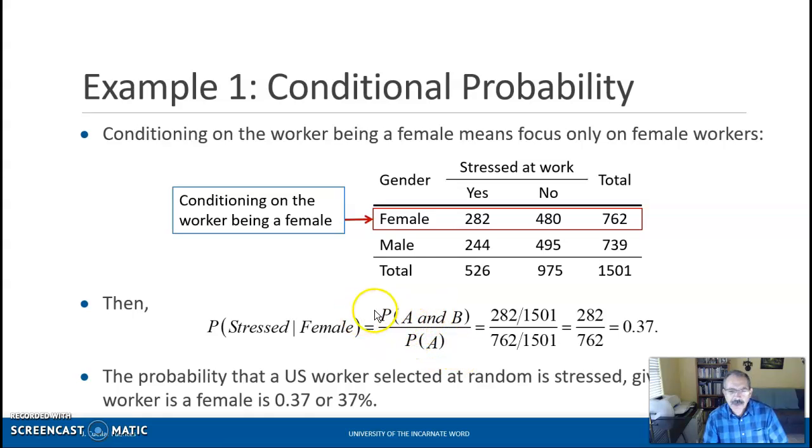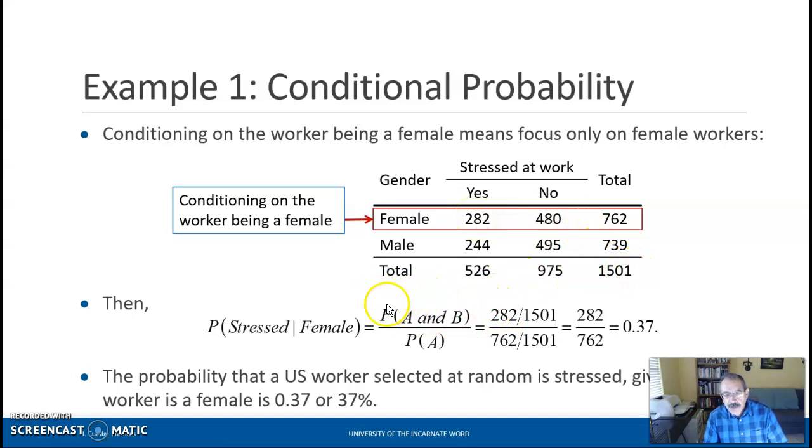Now, if you decide to apply the formula, the probability of A and B are the common elements to being stressed and being a female, and that's 282. To calculate that probability, you divide by 1,501.